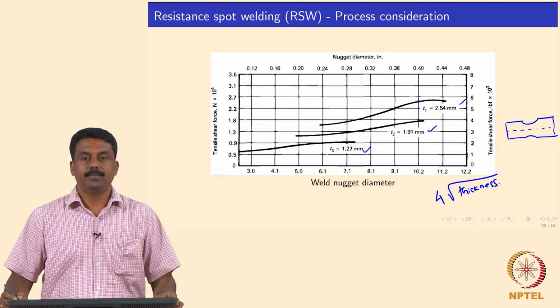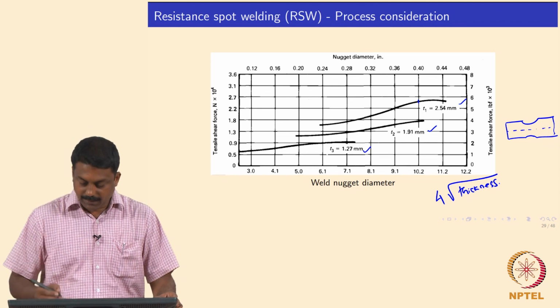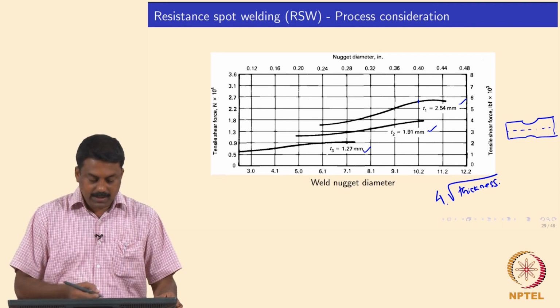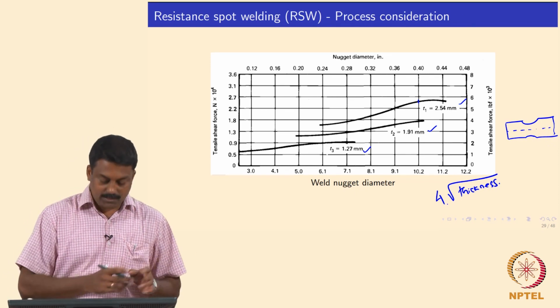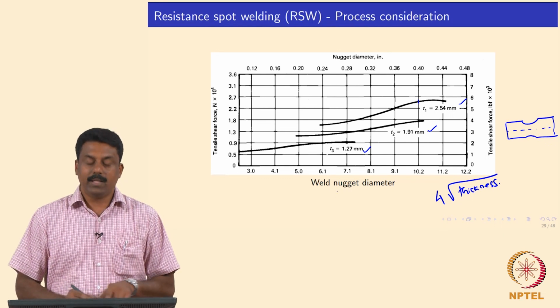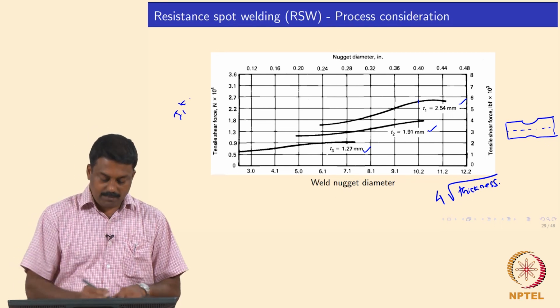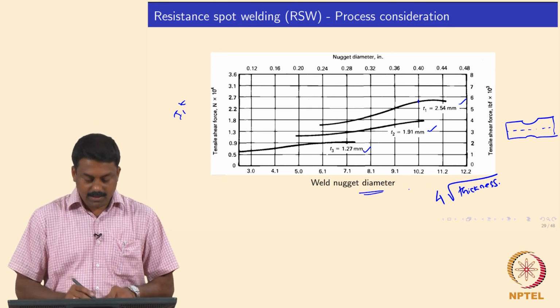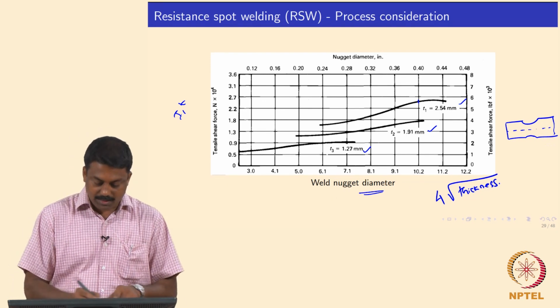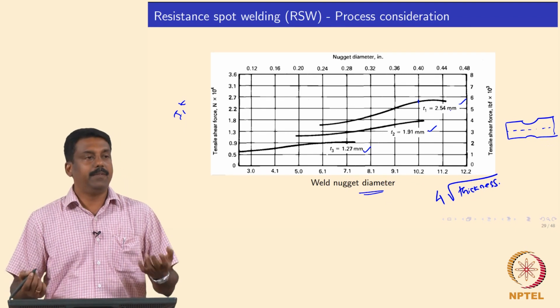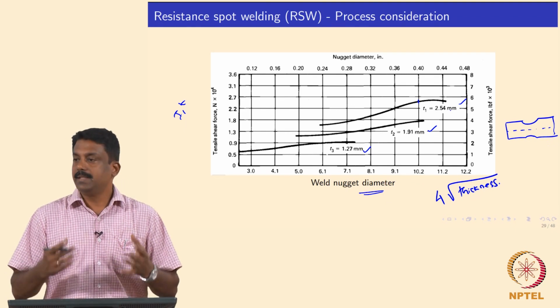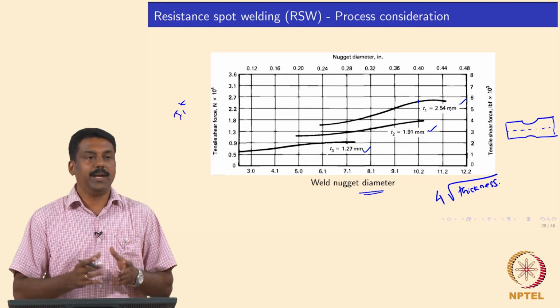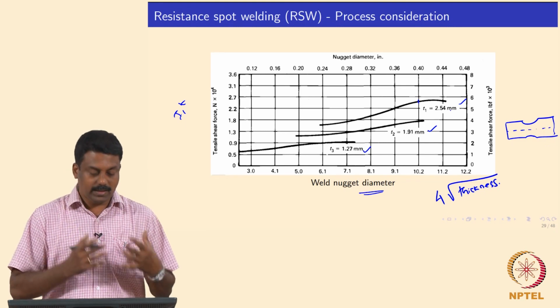Yes, it is clear. So, we identify from these curves plus the weld growth curve. The weld growth curve gives us what current and time we need to get the required diameter, and then we measure the strength as a function of weld nugget diameter, and identify the precise current and time to use to get the weld with maximum strength.